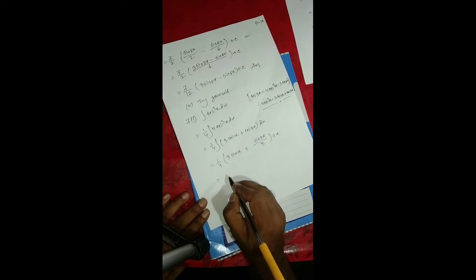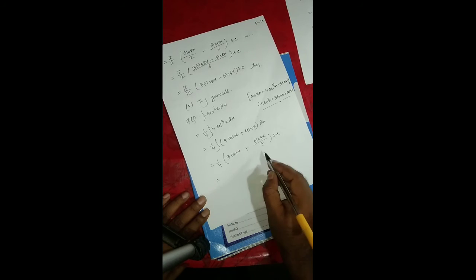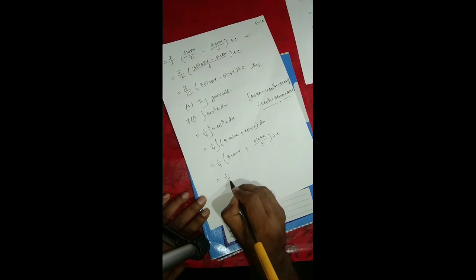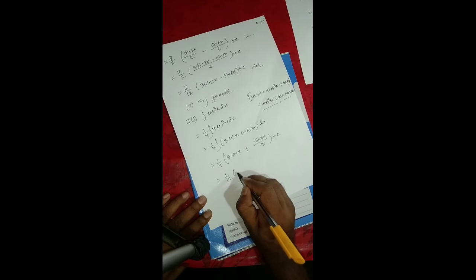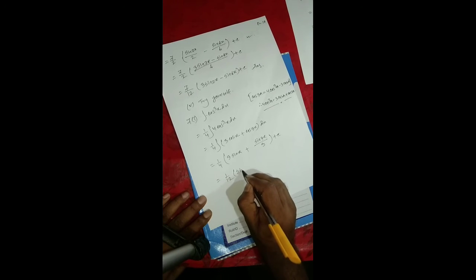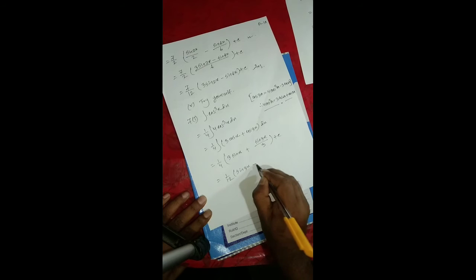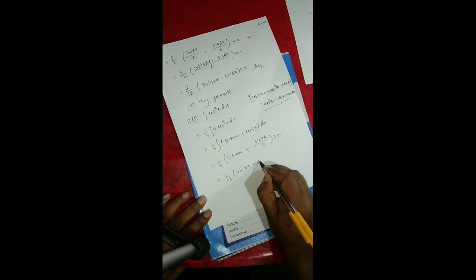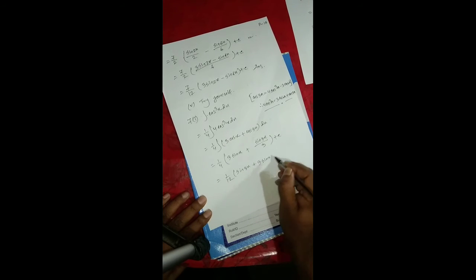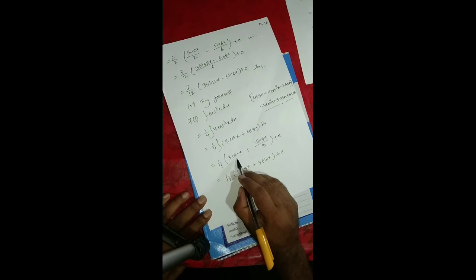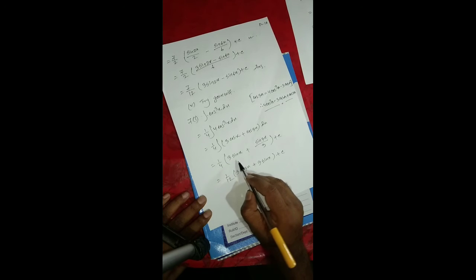Now we take the LCM, 1 by 12 sin 3x plus 9 sin x plus c. Here the denominator is 3 sin x and the numerator is 1.